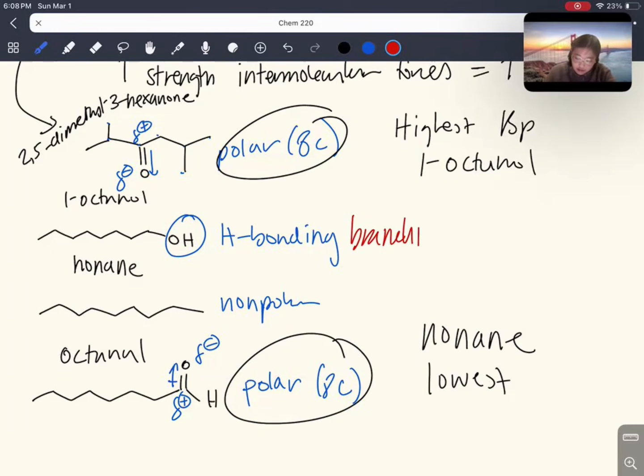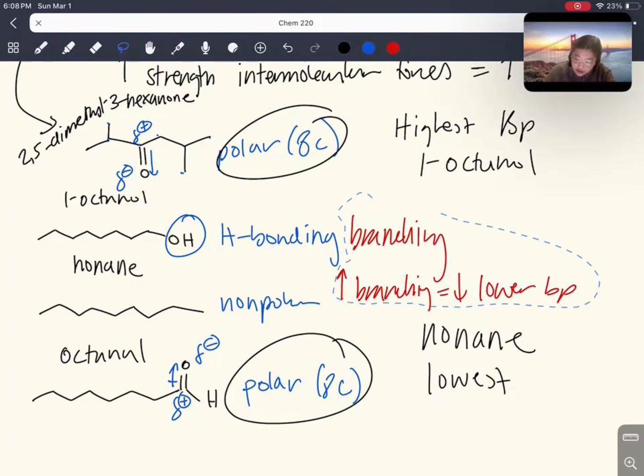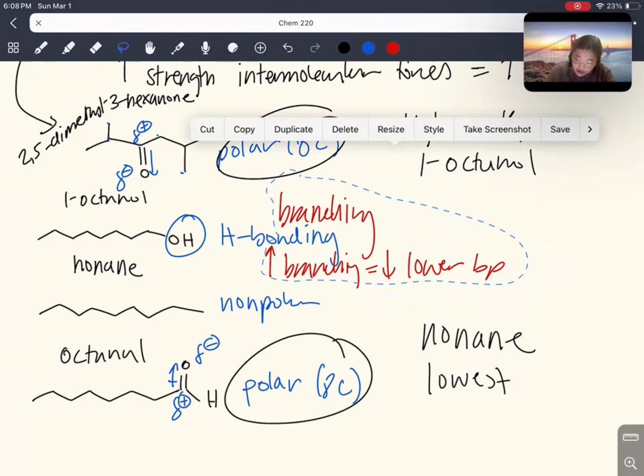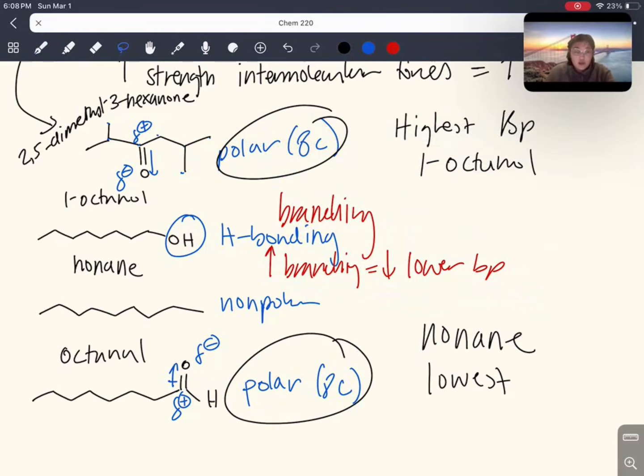If your molecule has more branching, you're going to have a lower boiling point. The reason for this is that branching interrupts your intermolecular forces between atoms across different molecules, so they are weaker or disrupted because of the branching structures.